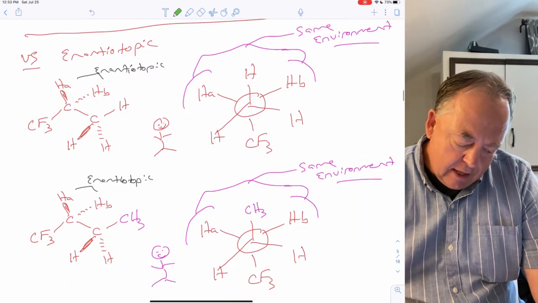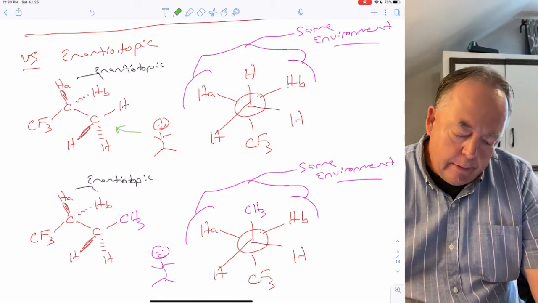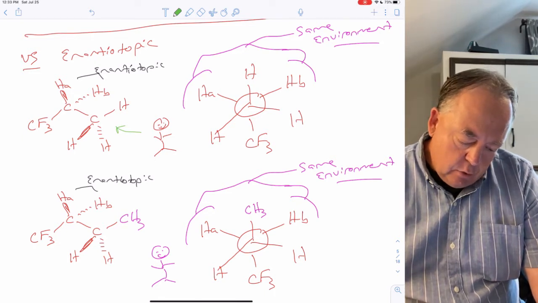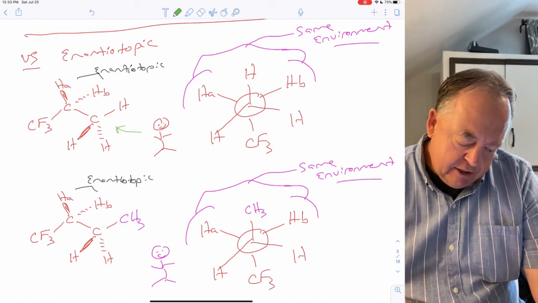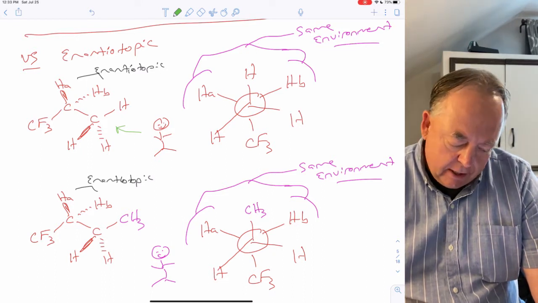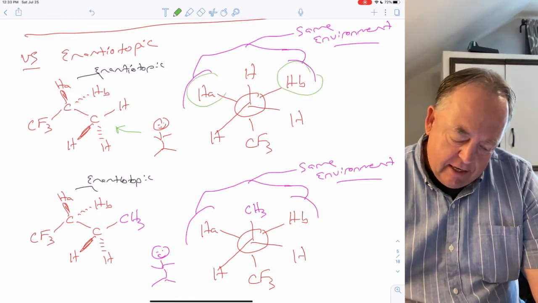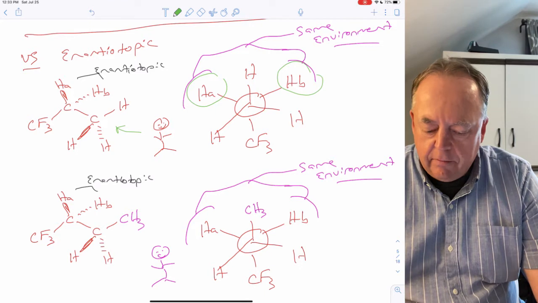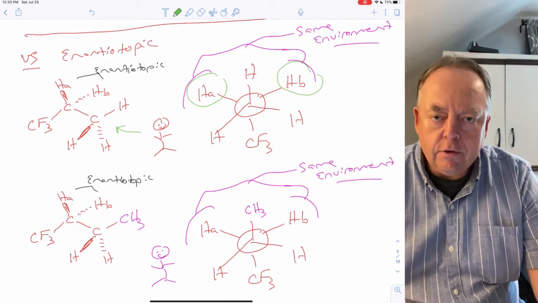If we contrast that to these enantiotopic hydrogens, and we look at the Newman projection, we have hydrogen towards our head and left and right foot, and then HA towards our left hand, HB towards our right hand, and CF3 towards our feet. You can see that HA and HB are in the same environment. They are both between two hydrogens. So they're equivalent, so they're not going to split each other.